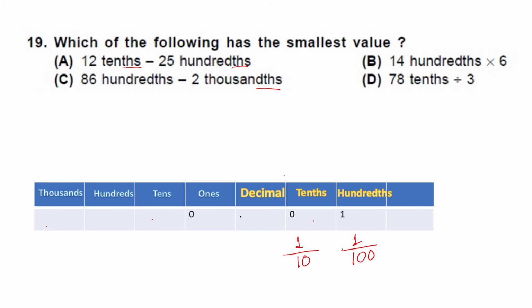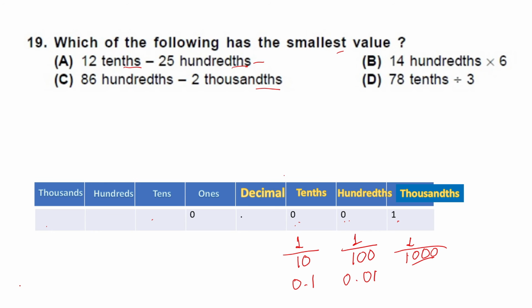Similarly, the thousandths place is 0.001, 3 zeros, so 1 out of 1000. So 3 zeros means 3 numbers after decimals, 2 zeros means 2 numbers after decimals, and 1 zero means 1 number after decimal. Keeping this in mind, let's solve this question.